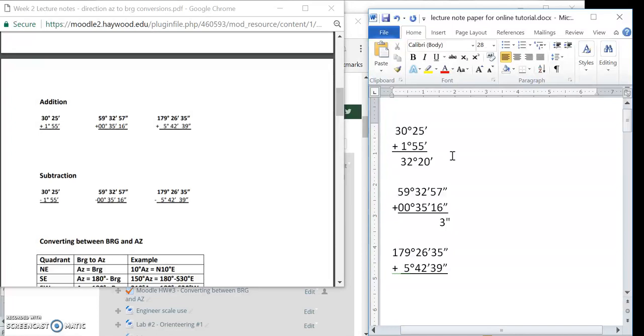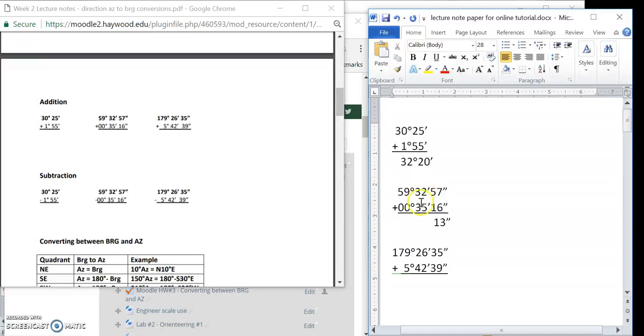I'm just going to put my seconds in there. So carry the 1 over. So that's 5 plus 1 plus 1. So now I've got 70, right? 70 minus 60, it's going to have a remainder on it, but it's going to carry 1 over into the minutes column.